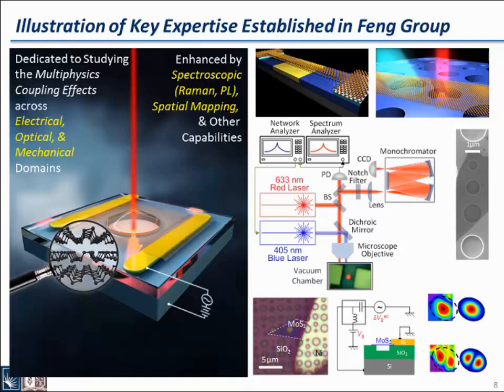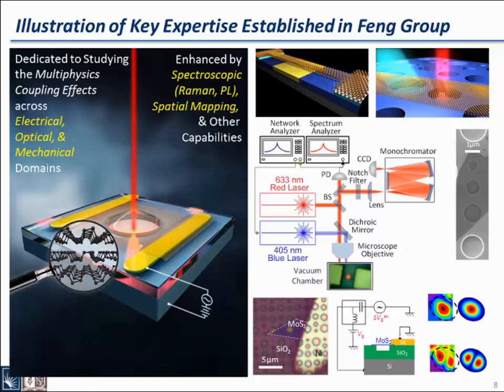Raman is actually a special requirement for atomic layer 2D materials, because you don't usually need Raman to do silicon optical MEMS, because silicon is well known. For 2D materials, because they have this signature that depends on the number of layers, Raman becomes a necessity.